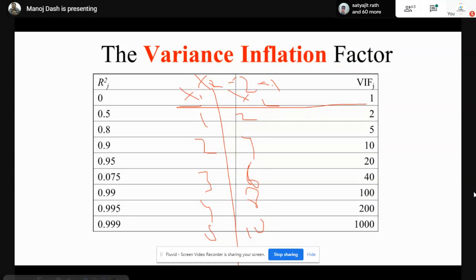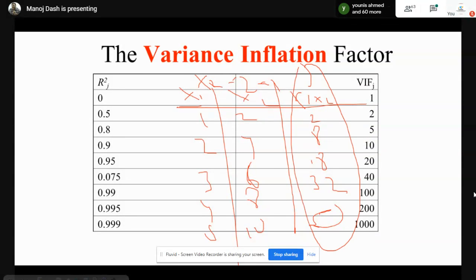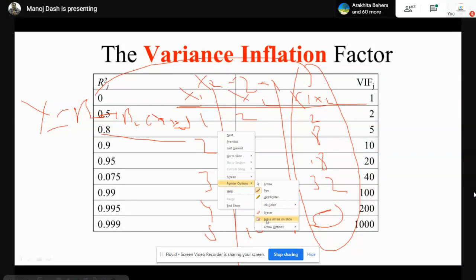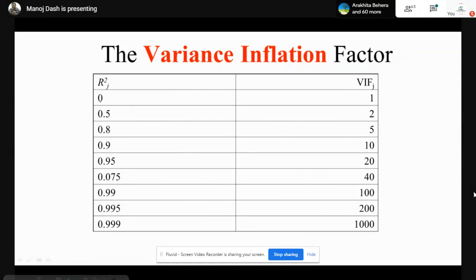So there is a collinearity, high collinearity. So to handle that, you calculate X1 into X2. Clear? And now you use this variable in your model. Now your Y is equal to beta 0 plus beta 1 X1X2. Clear? Any doubt? No, sir. Clear.